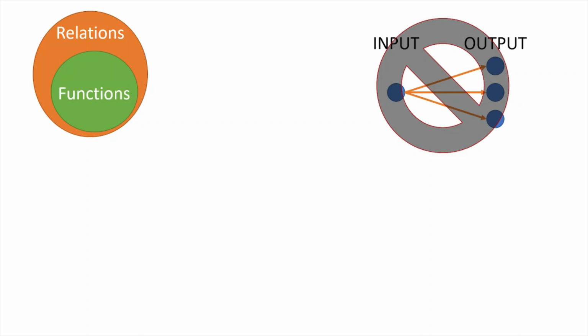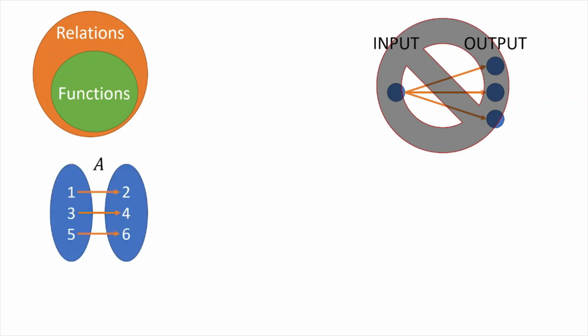Okay, so first, relation A, which is a one-to-one relation. In this case, each input or x value corresponds to a single output or y value. Therefore, this is a function. Okay, so another way to determine whether a relation is a function or not is by writing the relation as a set of ordered pairs, like this one.